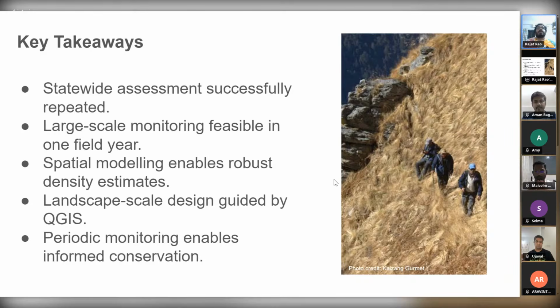We also found out that spatial modeling enables robust density estimates, and we had a landscape-scale design guided by QGIS, and this we hope will give some sort of conservation initiative in the future. Thank you.